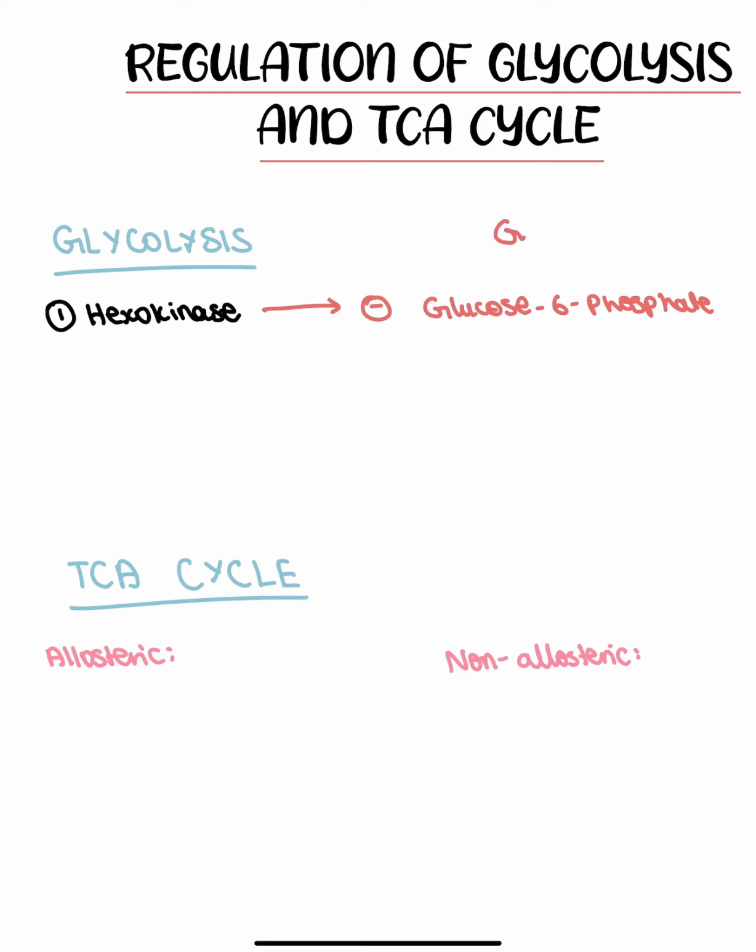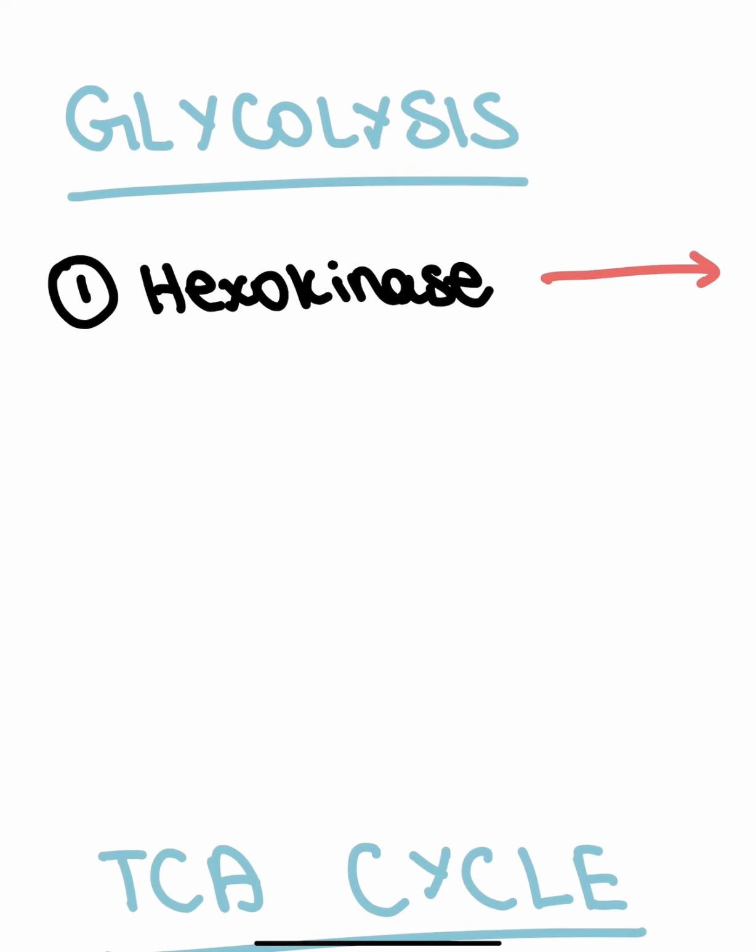We have glucose, which goes into glucose 6-phosphate using this enzyme. So why is this an inhibitor? Well, it's because if we have high levels of glucose 6-phosphate, then they can be inhibiting hexokinase to release more glucose 6-phosphate and release more energy, essentially.